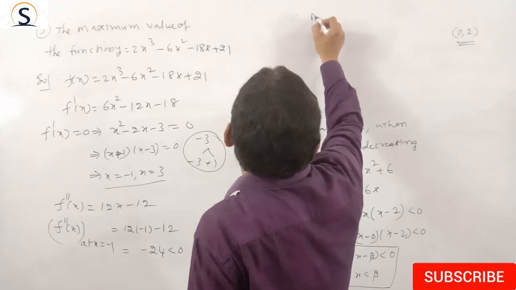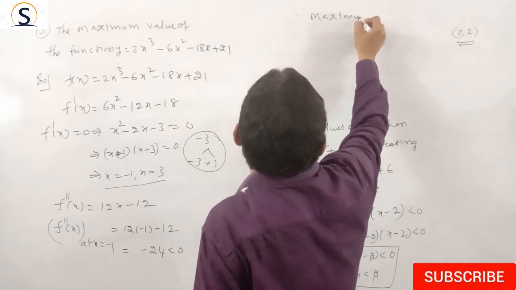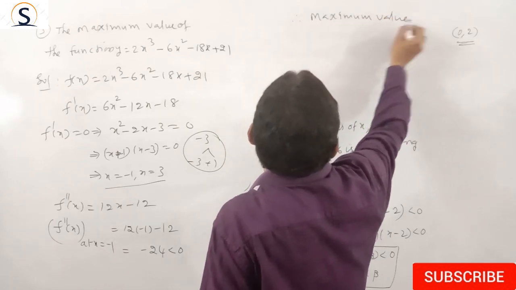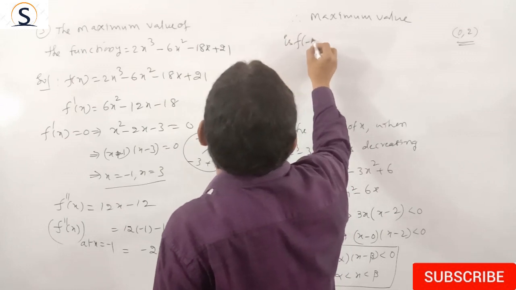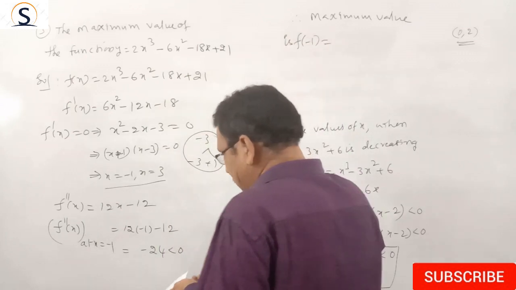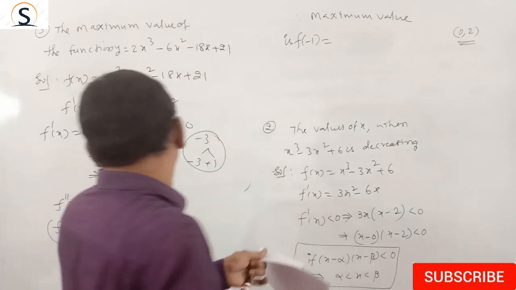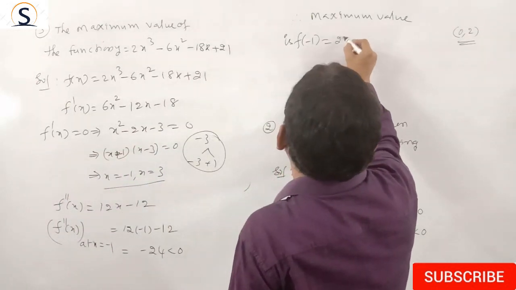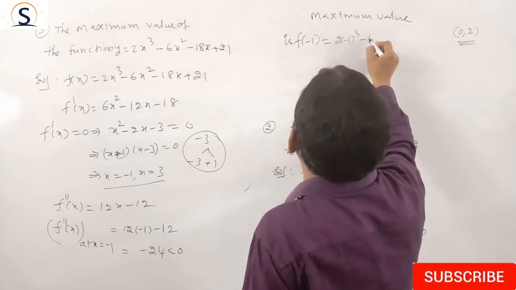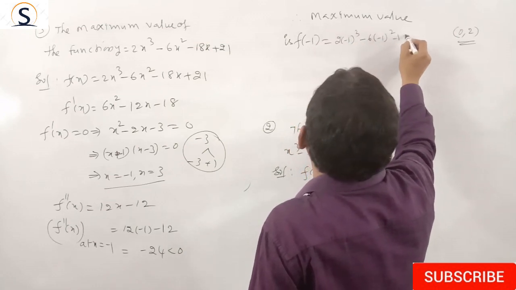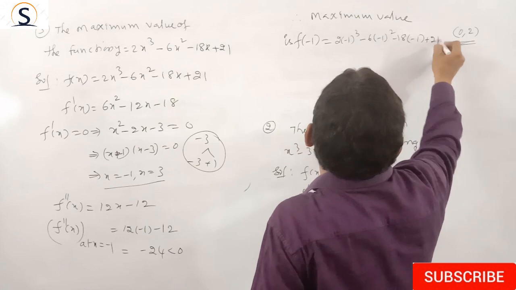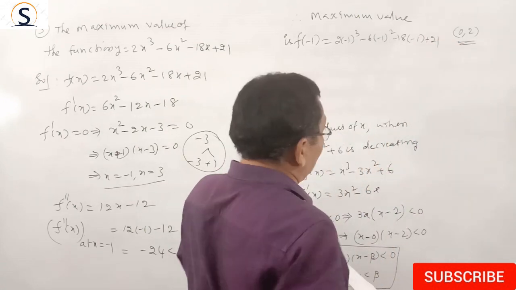Therefore maximum value is f of minus 1. This x value we put in the function, x is equal to minus 1. Then it is 2 into minus 1 whole cube minus 6 into minus 1 whole square minus 18 into minus 1 plus 21.